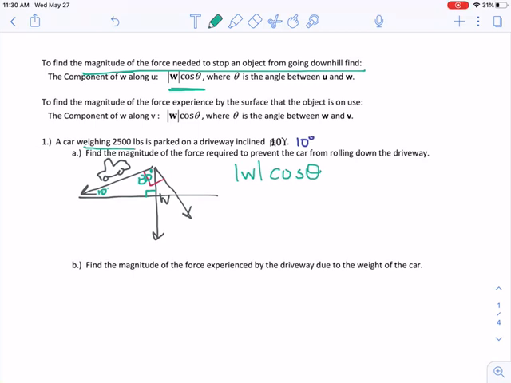Weight is my measurable amount of my vector W. So we're going to take 2,500 times the cosine of 80 degrees. Plugging that in my calculator, I get about 434 pounds of force needed. I'm just going to use the symbol pounds of force.